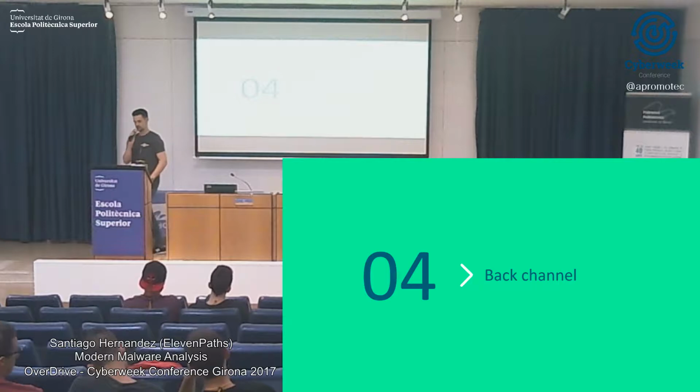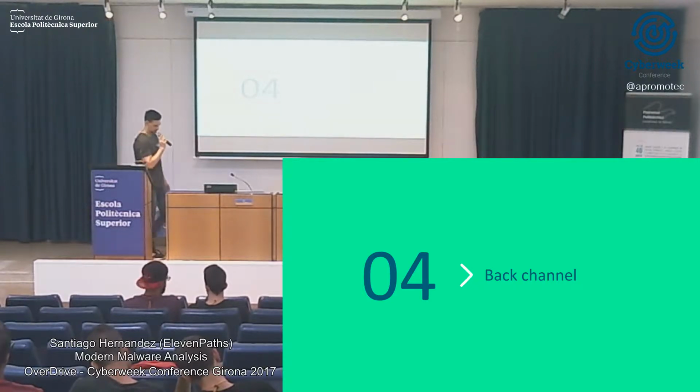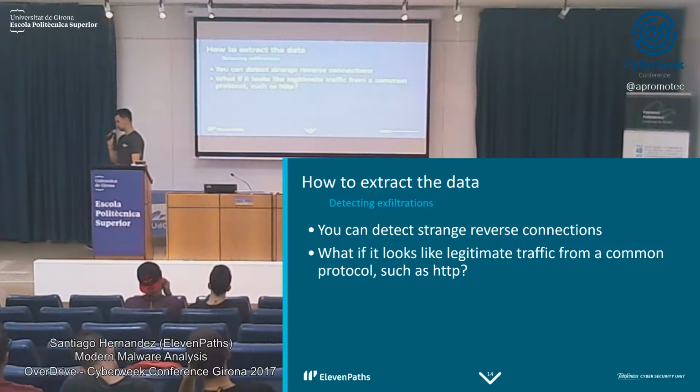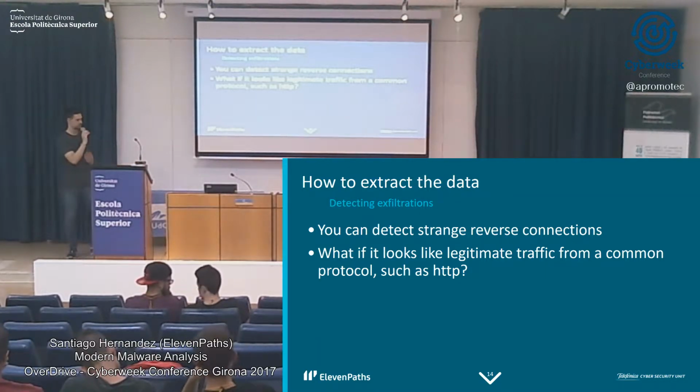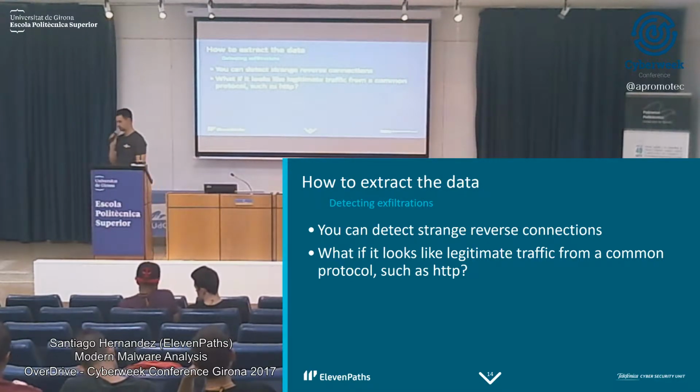The last thing that the malware will probably do is open a back channel. And the back channel will be, for example, a remote TCP connection, or another type of reverse connection. If it's a data breach, this back channel will be used to extract data.